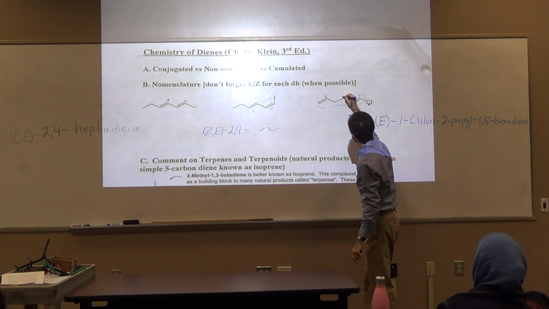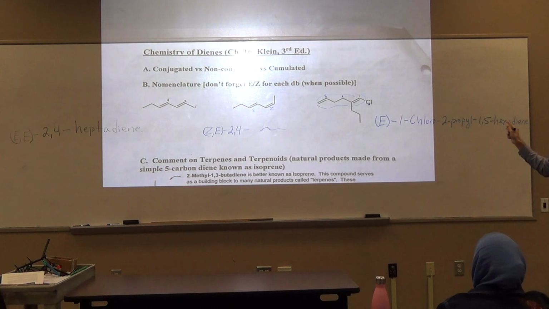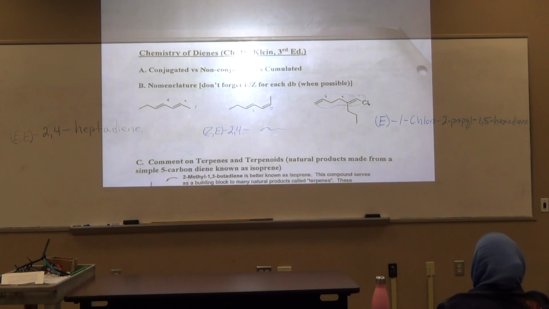So it would be that, and they're opposite, that's E, right? I like the name, good. Anybody have a question? So pretty straightforward. The alkene has to be in the longest continuous chain, same thing as if it was just a regular monoalkene.